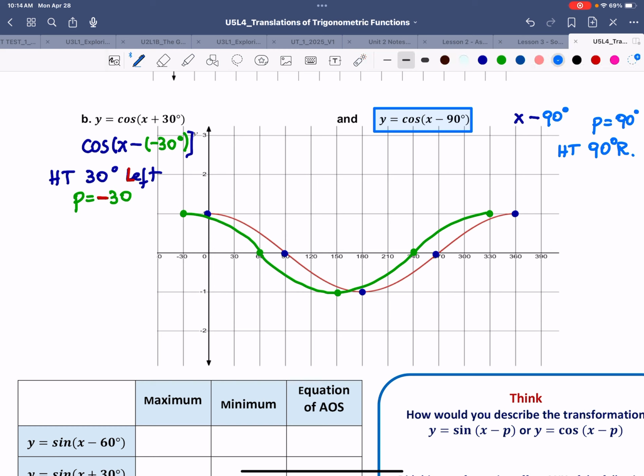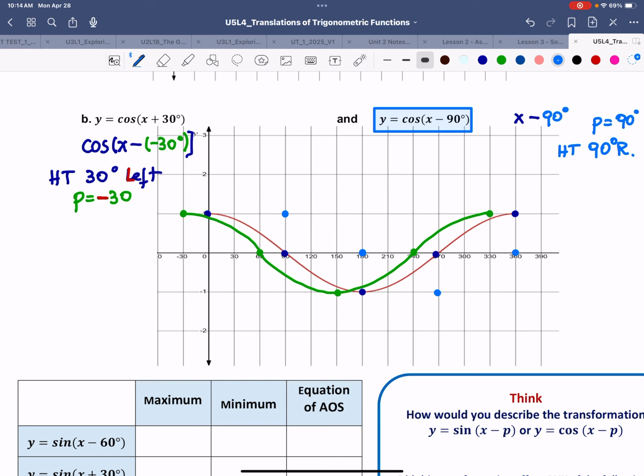So here we go. We're having this point in here, and 90 degrees will be 3 units, because every unit is 30 degrees. So we're going to move the first point: 1, 2, 3, so that's 90 degrees to the right. Again, 90 degrees to the right for this point, and 90 degrees to the right for the next point, so from 270 to 360.